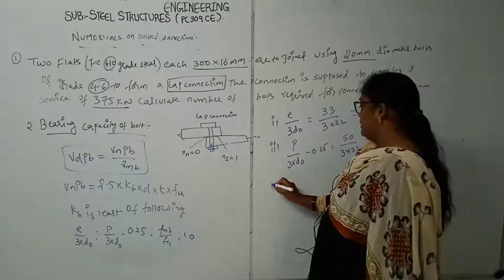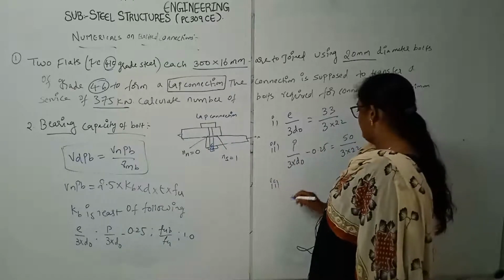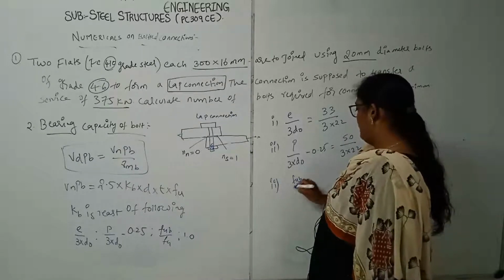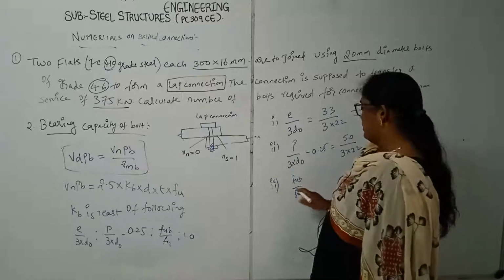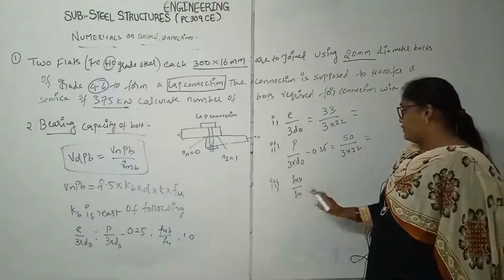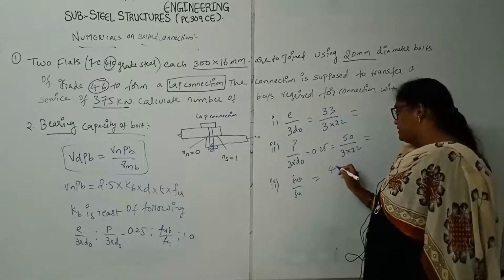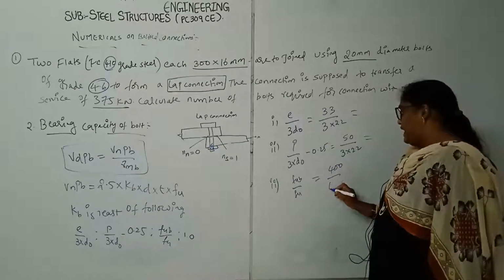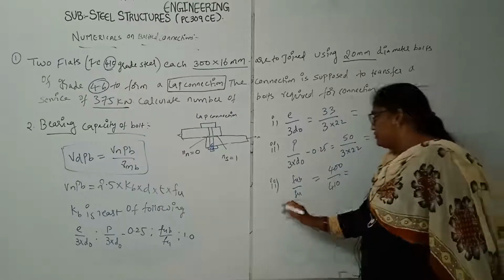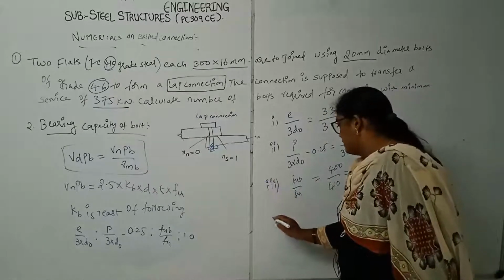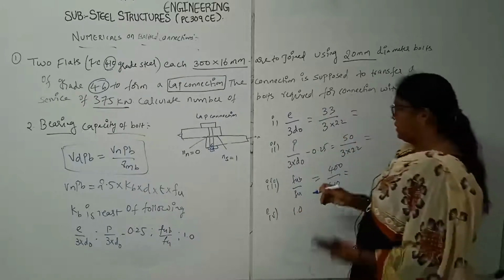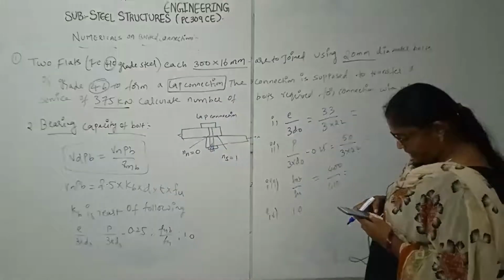Third one, FUB by FU, the ultimate tensile strength of the bolt by the ultimate tensile strength of the plate. The ultimate tensile strength of the bolt is 400, and of the plate is 410. Fourth one is 1.0.